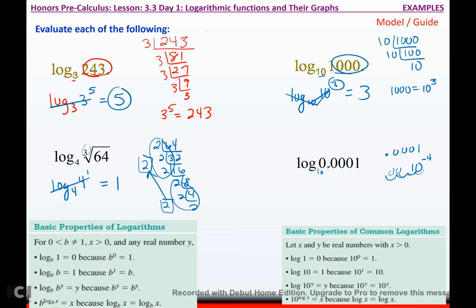So I'd rewrite this as log base 10 of 10 to the negative 4th. Those cancel, and my answer is negative 4. Okay?